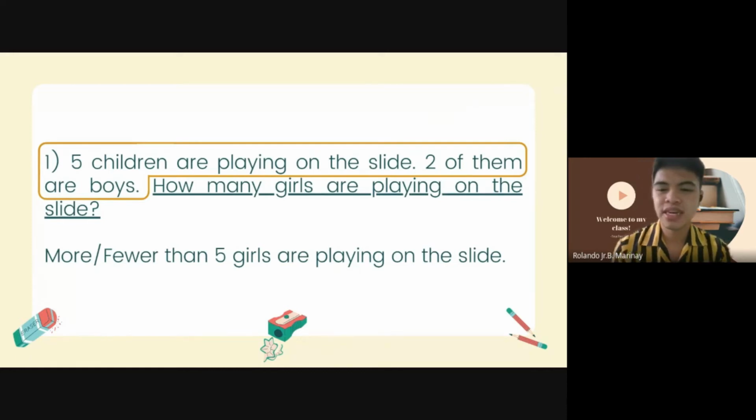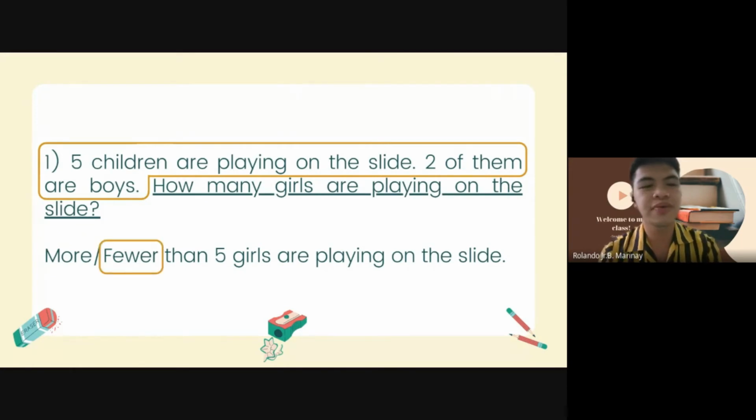Now we're going to decide if it is more or fewer, which we already answered. Fewer than 5 girls are playing on the slide. So we're also going to circle the fewer.